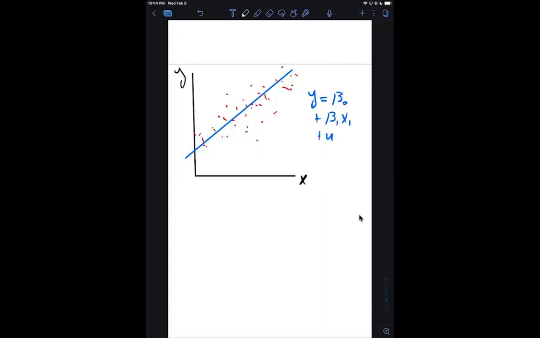So for example, we might have a function that has this specific form. I'm picking specific values just to make this clear. So we might say 3 plus 4x, something like that. And note that this u term here is the error term in the population.